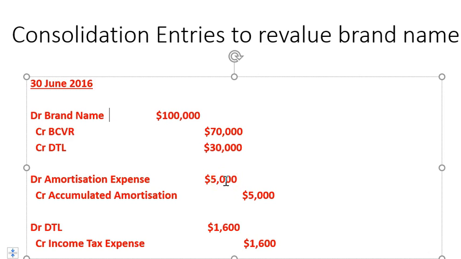So if we were to sell it at that point in time at $95,000, then the gain would only be $95,000, and so 30% of that would only be $28,400, which if you add up the debit to the deferred tax liability and the credit to deferred tax liability, that equals the $28,400. And so that's why we're debiting that here.